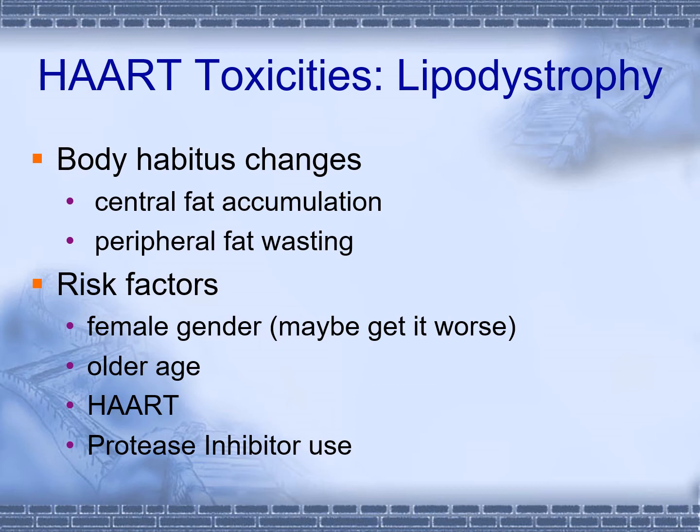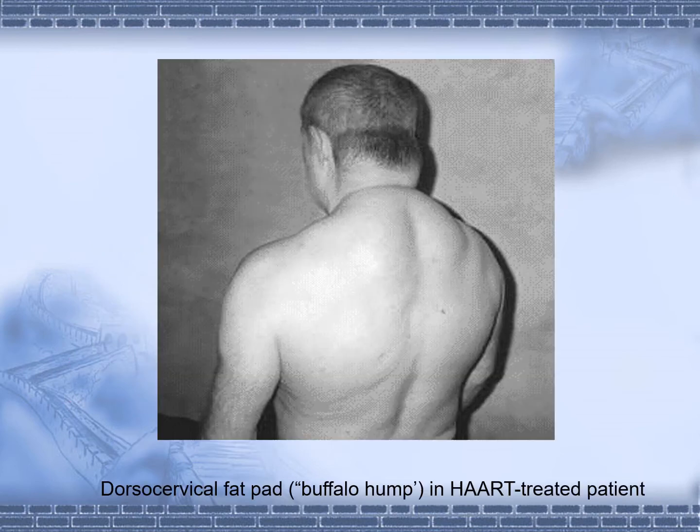They cause body habitus changes, like central fat accumulation and peripheral fat wasting. I'll be showing you the picture of the toxic effects. The more commonly affected gender is female, and older age is at risk. And frequent use of protease inhibitors makes them more vulnerable to this toxic effect.